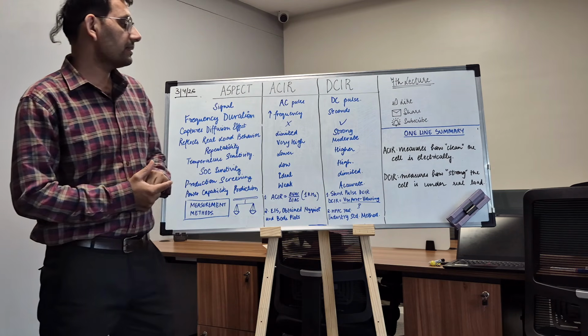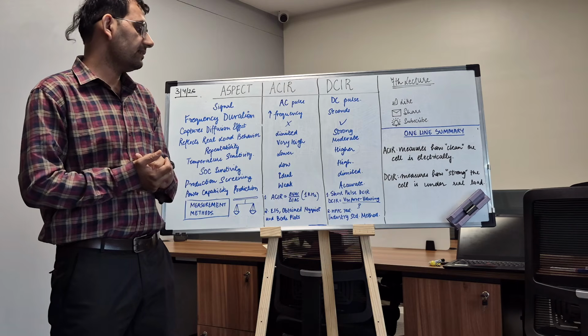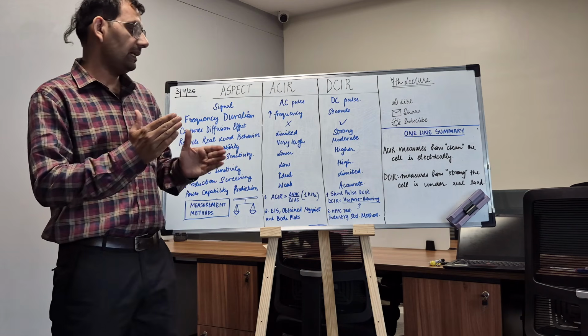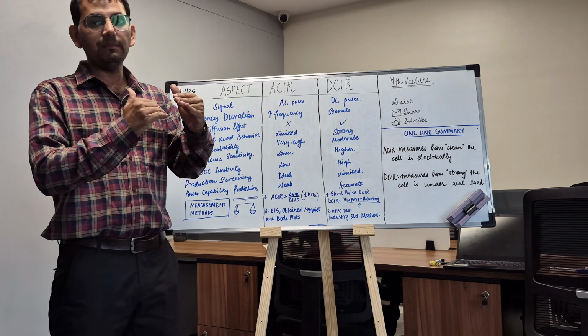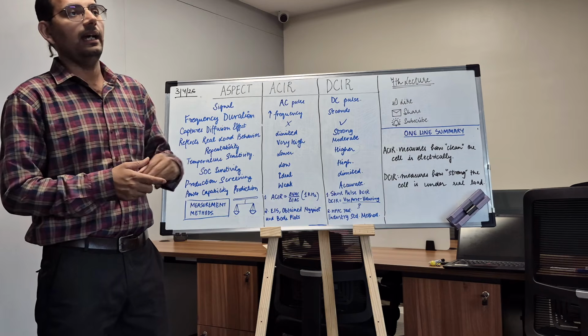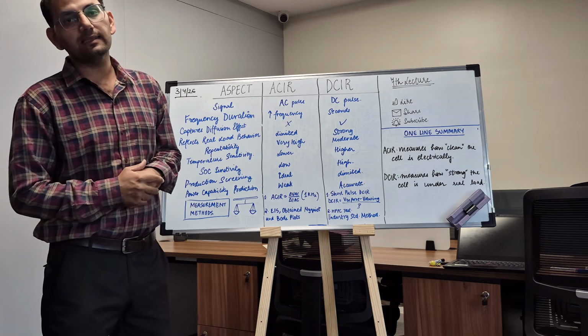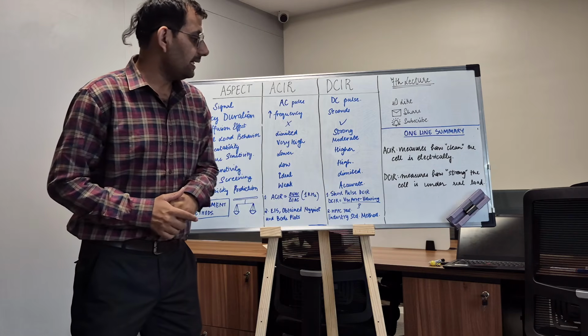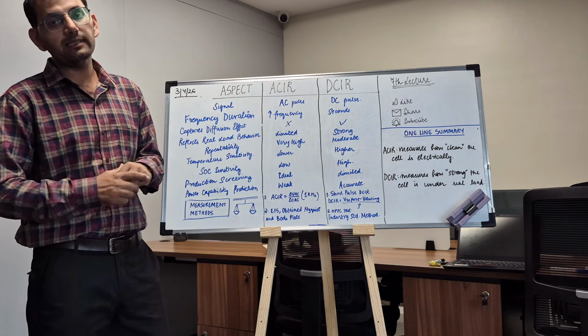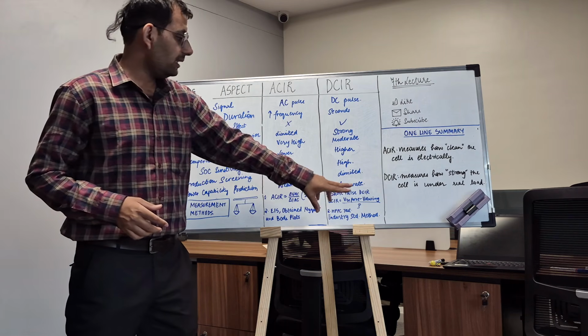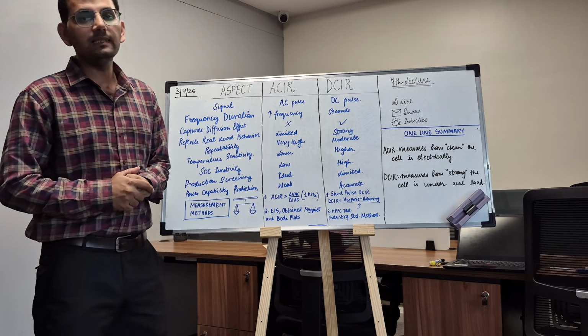HPPC, hybrid pulse power characterization, is the same. With a hybrid pulse I will set some timing, like 10 seconds, 30 seconds. I will select a 1C rate, and I will charge and discharge the cell, and then calculate the voltage and current, and again V by I will give the DCR value.